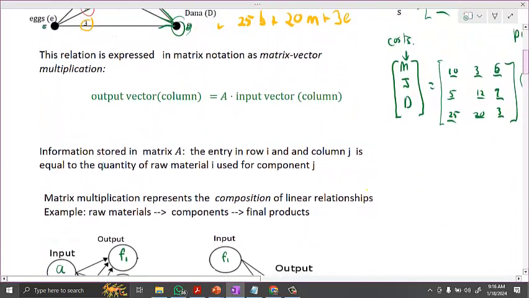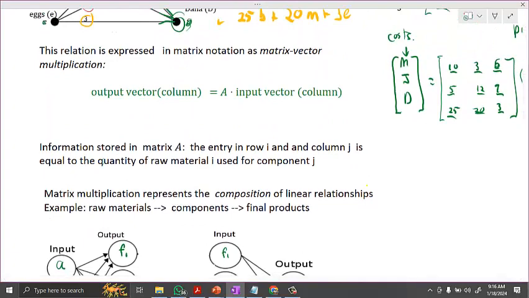Now, we can classify this information in the matrix. The entry in row I and column J is the amount of material I. Let me see. I think I got this backwards. Let me think about this.